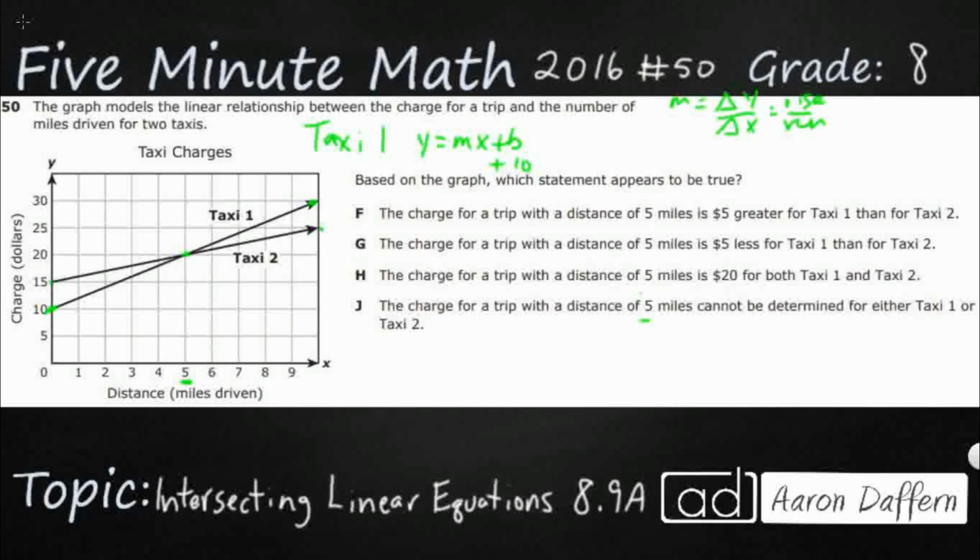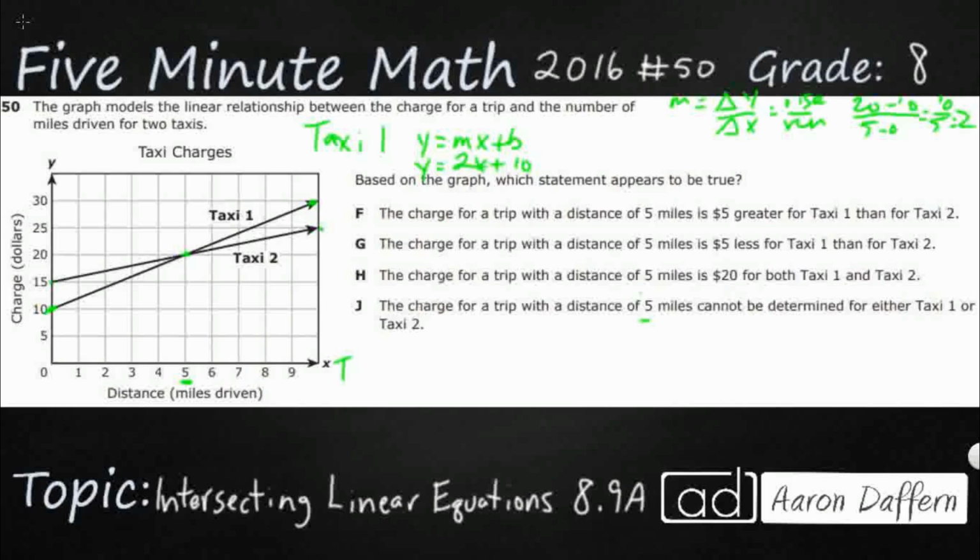That's easy: 20 and 10. So 20 minus 10, over my x coordinates of 5 and 0. So that's 10 over 5, which is 2. So y equals 2x plus 10. That's taxi 1.